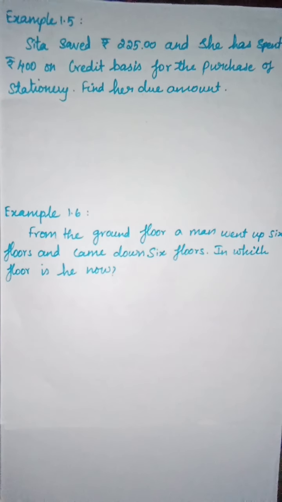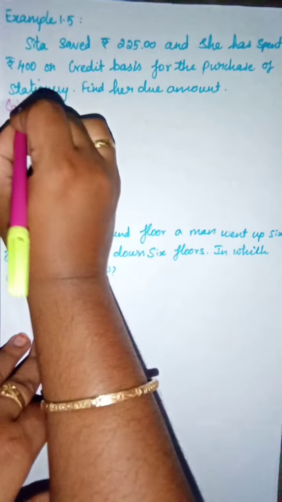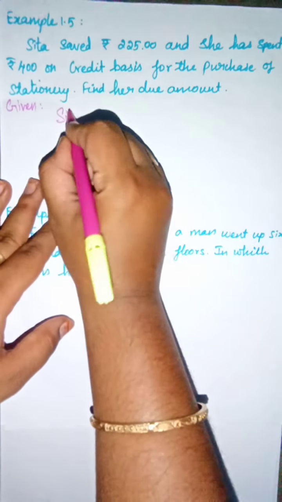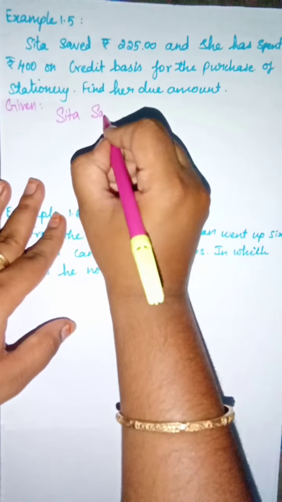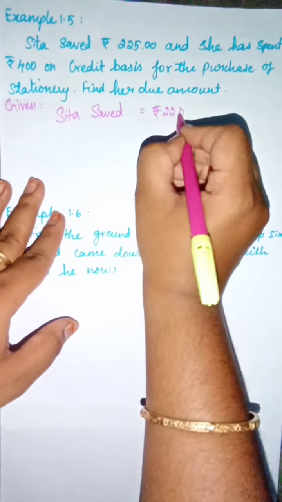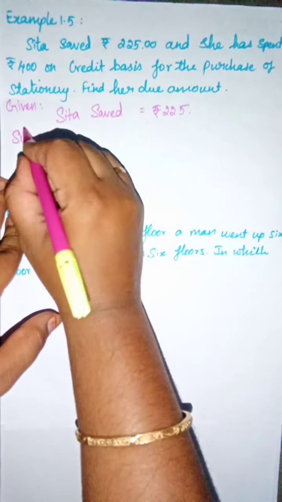So the first thing we are going to write is the given. Sita saved equals how much? Rupees 225. Okay, then Sita spends for stationery.